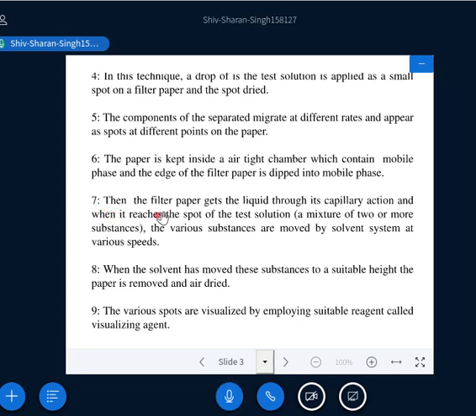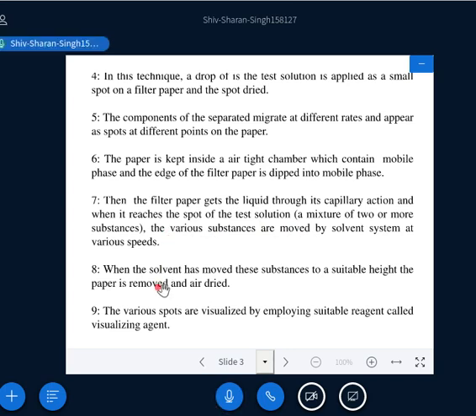Then the filter paper takes up the liquid through capillary action. That means when you put the edge of the paper inside the mobile phase, the cellulose paper absorbs the mobile phase due to capillary action, and when it reaches the spot of the test solution, the various substances are moved by the solvent system at various speeds.